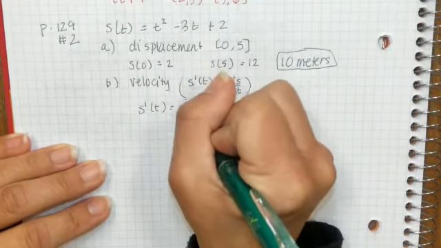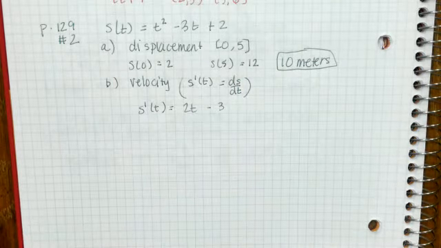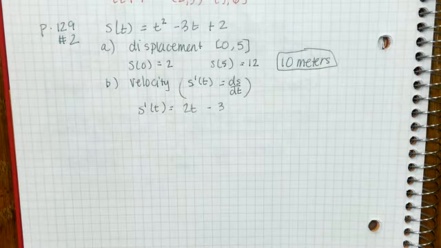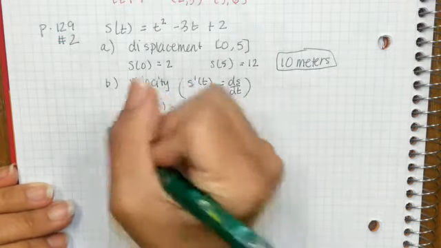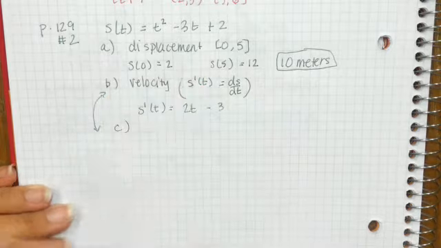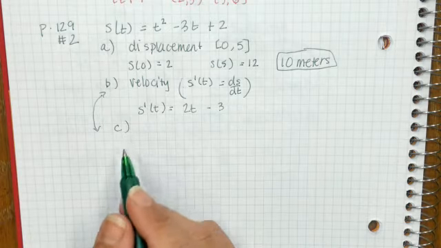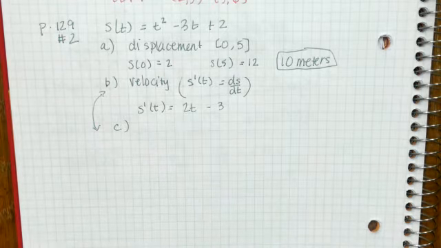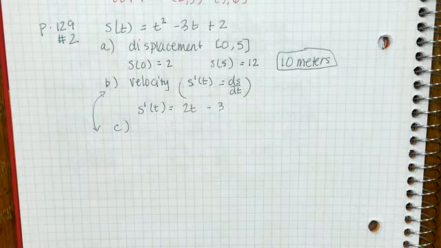That's going to be 2t minus 3. And hold on a second. I'm going to have these switched. Part B is asking for average. Part C is asking for instantaneous. So what I'm finding is instantaneous.